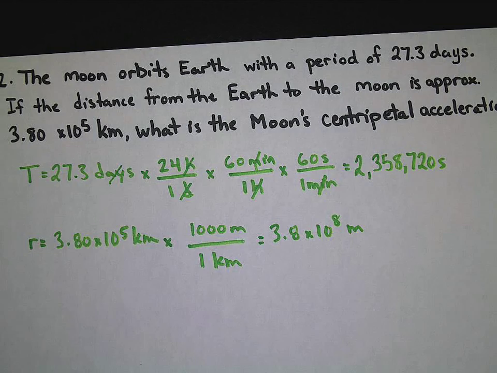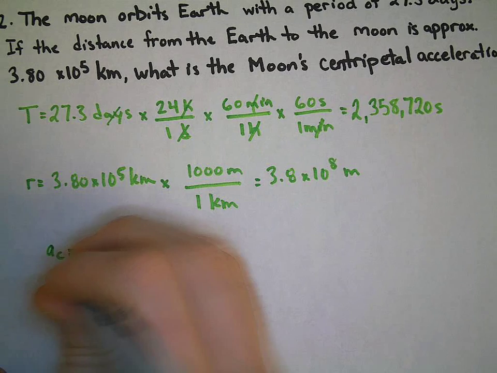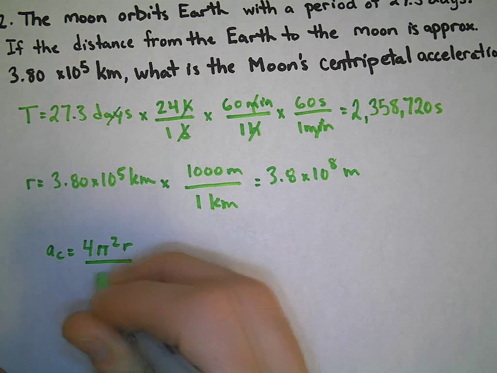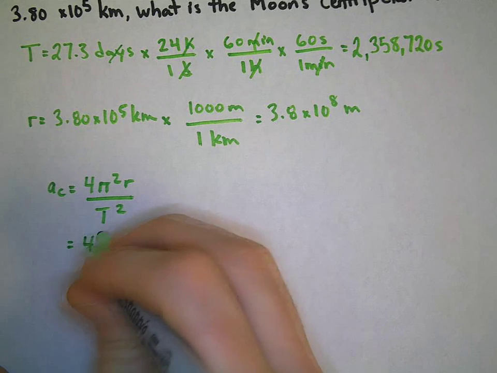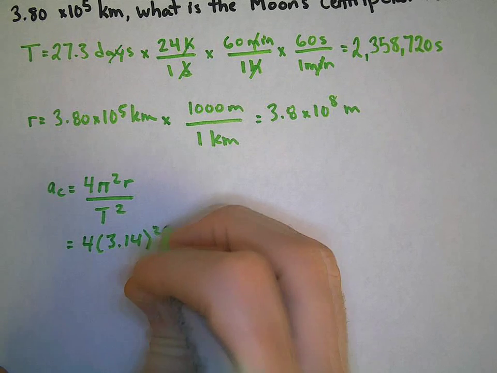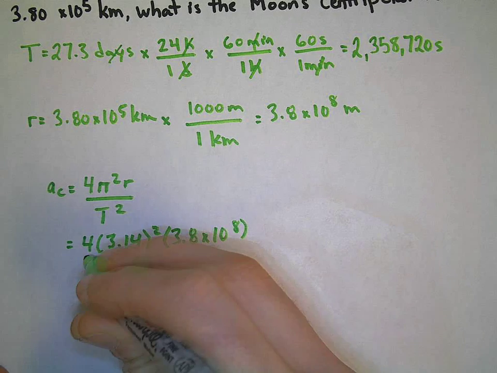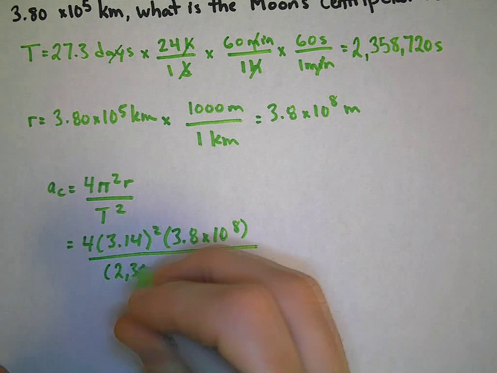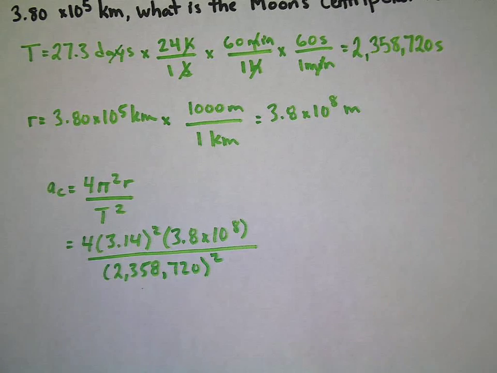Let us calculate our centripetal acceleration. That will be 4 pi squared r all over t squared. And that will give us 4 multiplied by 3.14 squared, radius of 3.8 times 10 to the 8, and that will all be over 2,358,720 squared.